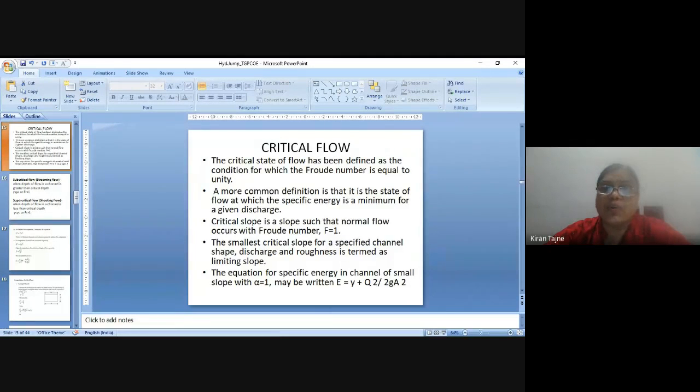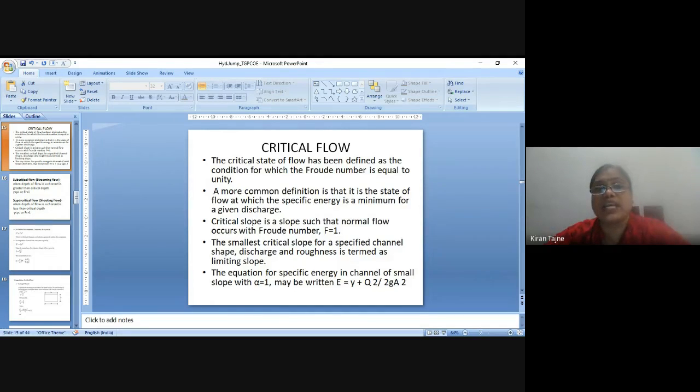The most common definition is the state of flow at which specific energy is minimum for a given discharge. Critical slope is the slope such that normal flow occurs with Froude's number equal to 1. When Froude's number is 1, the flow is known as critical flow, and that depth is the critical depth.